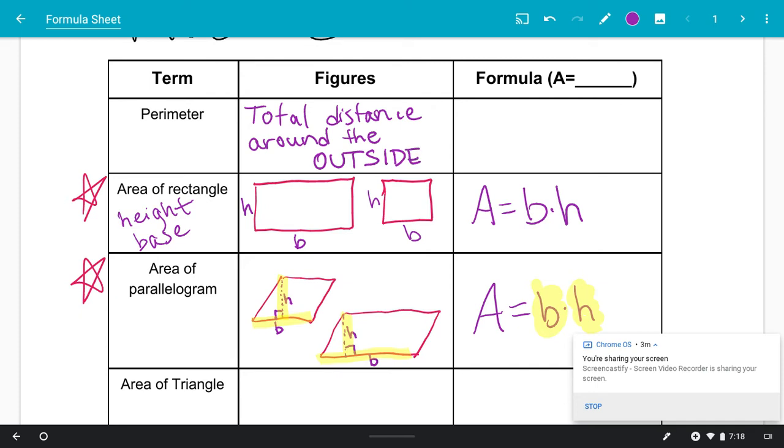So you add all the sides. What's important is we add all the outside sides. Nothing inside, only outside.